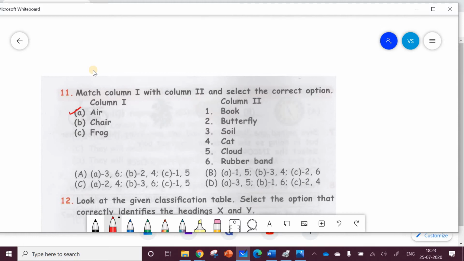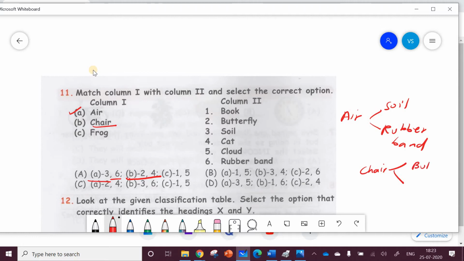Let us take a look again and select the correct options. The first option is saying A3 and 6, which means that air is being matched with soil and a rubber band. And the second says B is matched with 2 and 4, which means chair is matched with 2 and 4.